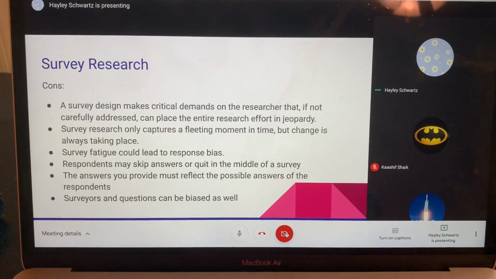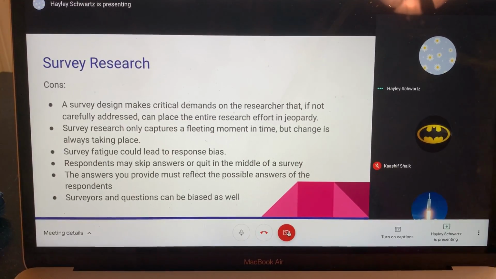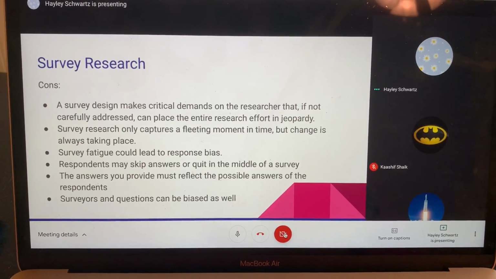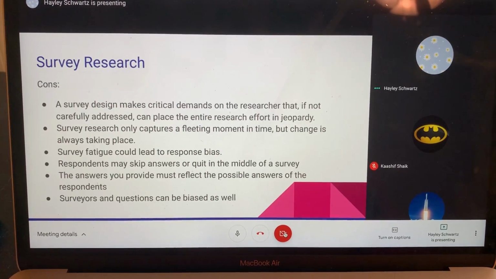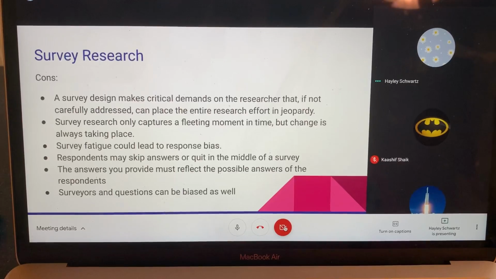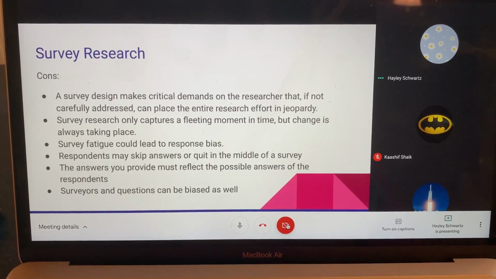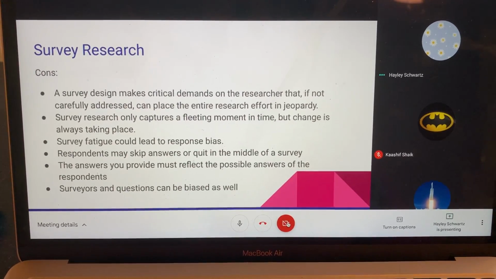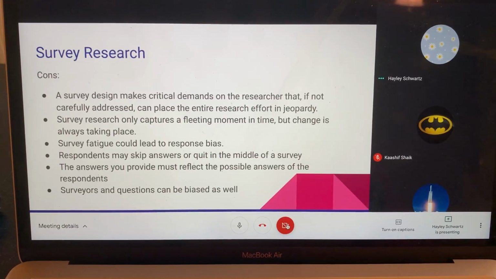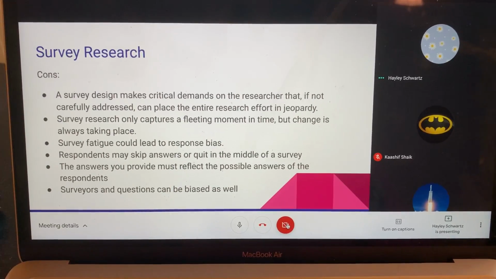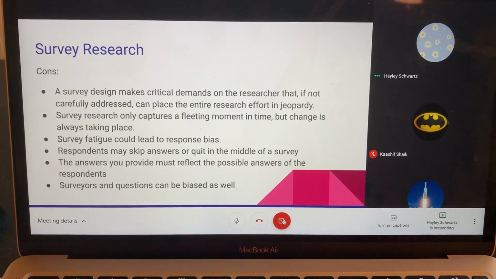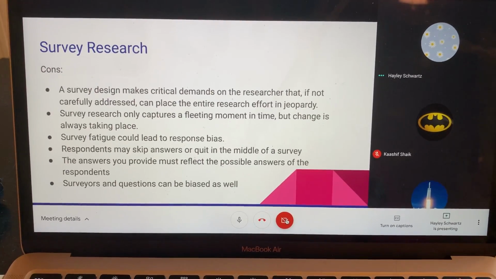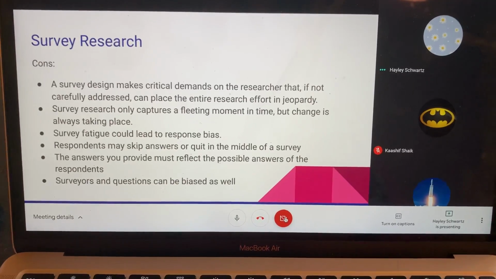Some of the cons of survey research are that survey design makes critical demands on a researcher, and if these are not carefully addressed and the researcher doesn't eliminate all external factors, it can place the entire research effort in jeopardy and affect the overall data. Survey research only captures a single moment in time, but change is always taking place.